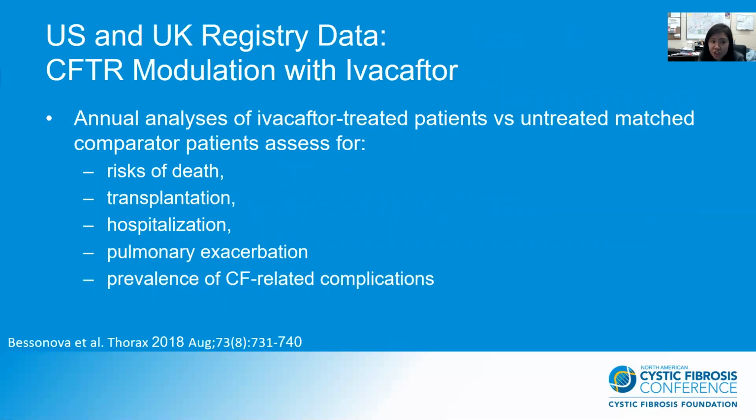Regarding UK and US registry data, which is becoming increasingly available, annual analyses are conducted of ivacaftor treated patients versus untreated matched comparators, assessing for risks of death, transplantation, and hospitalization and pulmonary exacerbations, and the prevalence of CF-related complications such as CFRD.